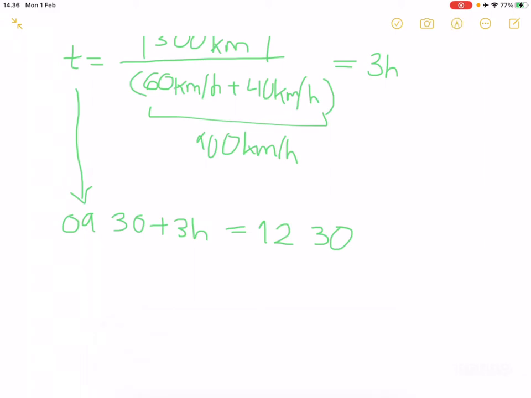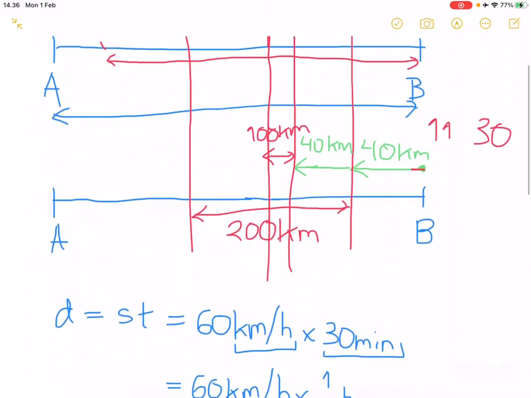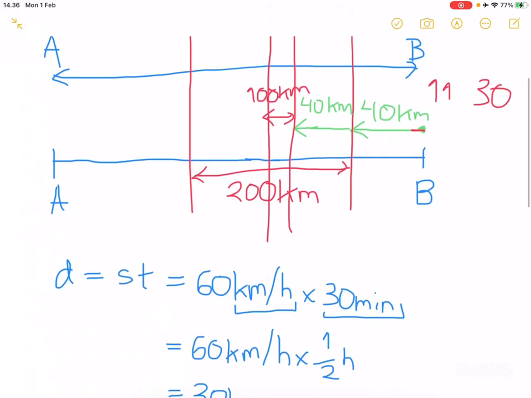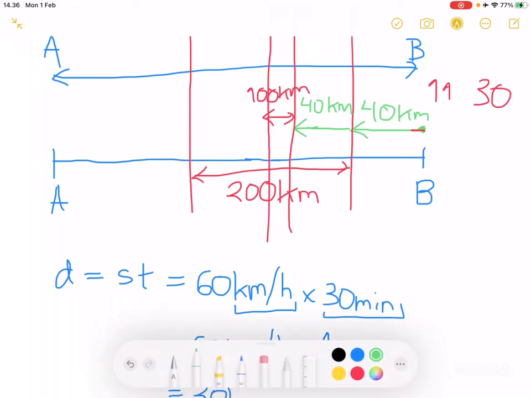For the next thing, we need to find how far the meeting point is from city B. And you may already be guessing that it will be 120 kilometers, because if you have found the pattern already, the meeting point will be around right here, which is 3 hours after 9:30, and we already counted that 9:30 is the point where vehicle B started to depart and move.